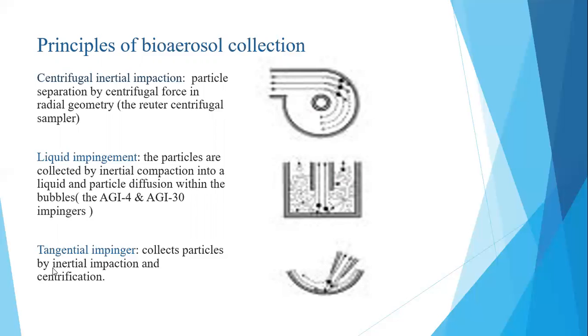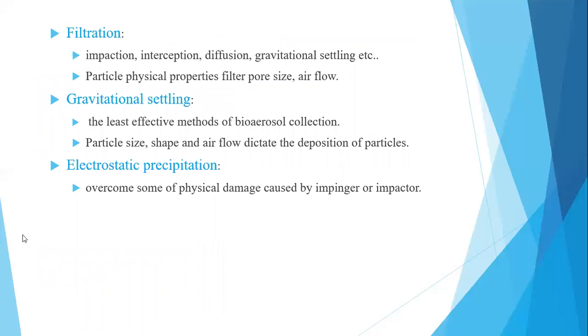The tangential impinger collects particles by inertial impaction and centrifugation. Other mechanisms include filtration, impaction, interception, diffusion, and gravitational settling, depending on particle physical properties such as size and airflow.